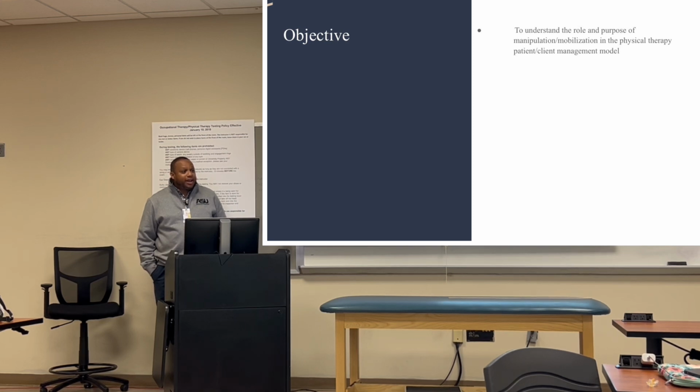So I could do a grade 5 mobilization, right? So basically, if you see a thrust technique, that's a grade 5 mobilization or grade 5 manipulation. So it's a synonymous term. You can use either term, mobilization or manipulation, it doesn't matter. But each on a scale is 1 to 5. The grades of the mobilization or manipulation are 1 to 5. Okay, but we'll get to that.